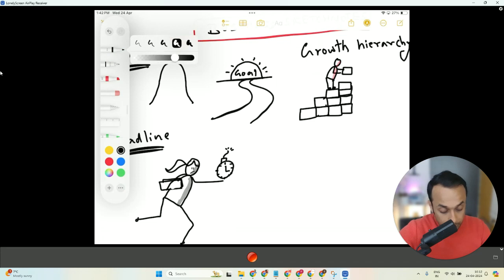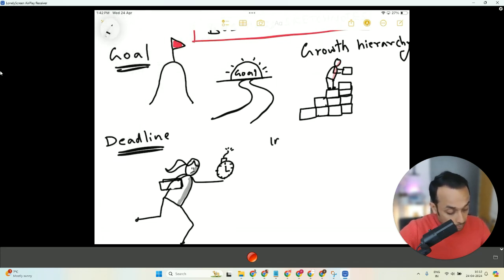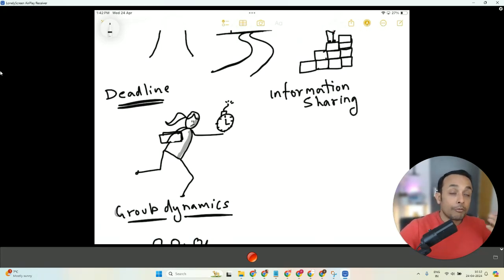Let's draw a few more. Can I draw information sharing? How can we draw information sharing? When you share information, information from one brain goes to the other brain. So here it is.